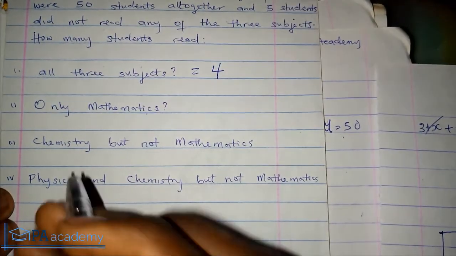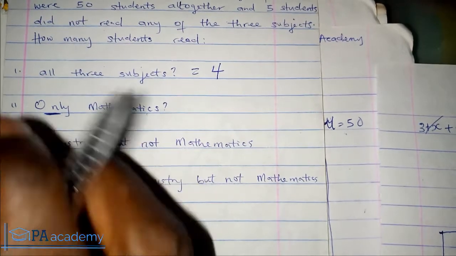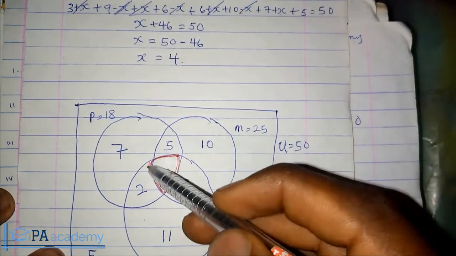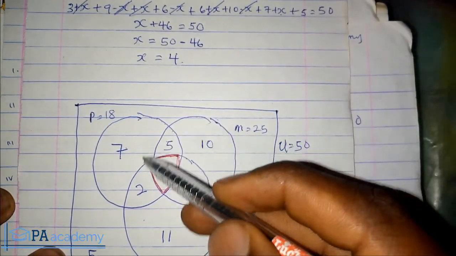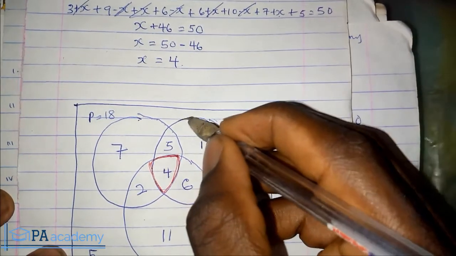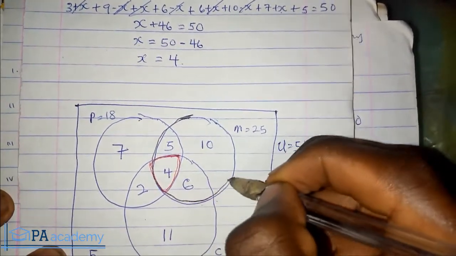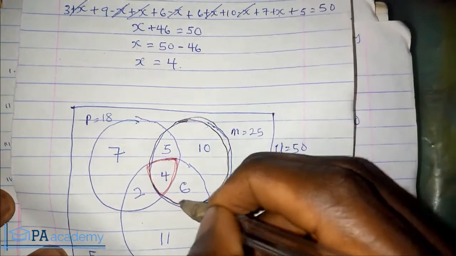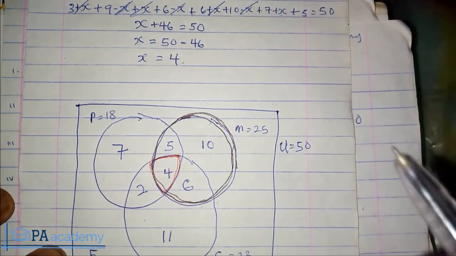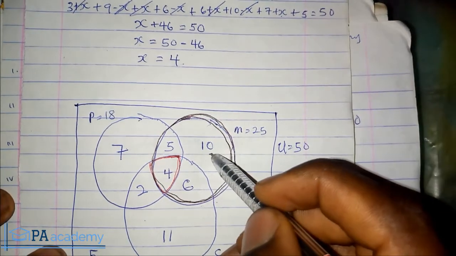Now, how many students study only mathematics? Pay attention to this: only mathematics. This is the circle that represents mathematics. So when they say how many students study only mathematics, it's 10.